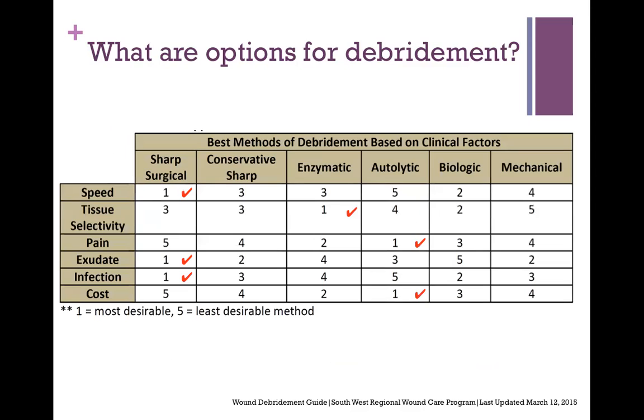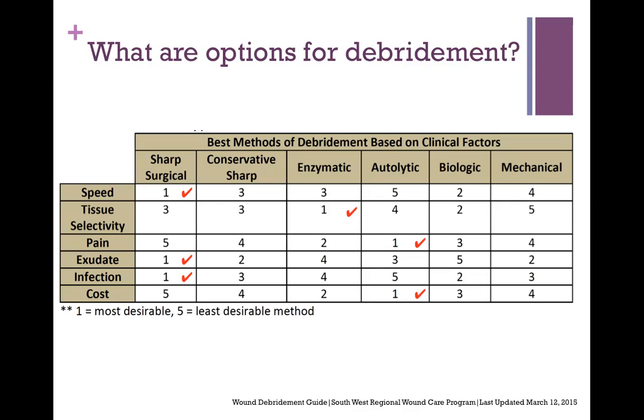Now, different types of debridements have different clinical factors which must be kept in mind. And then in a given case, a type of debridement should be chosen as the most desirable method of debridement. For example, when speed is priority, surgical debridement is considered better when there is infection and exudate.